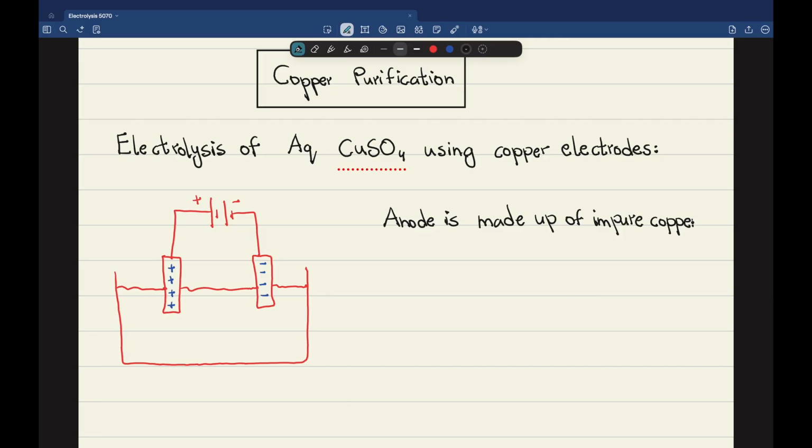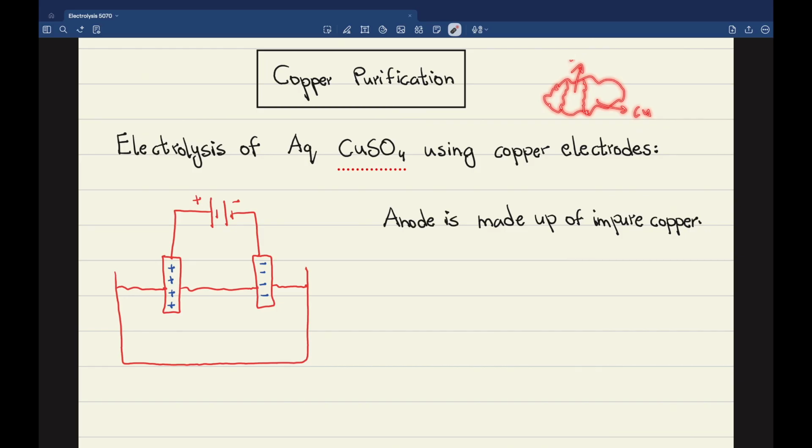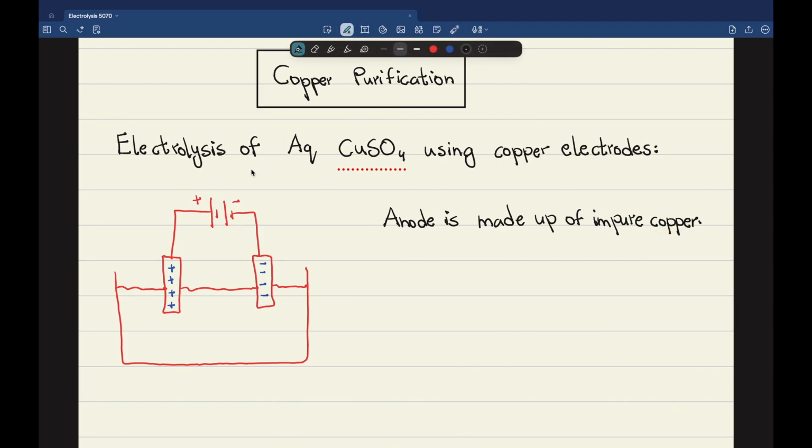The impure copper is the one extracted from the earth. जिस form में वो earth से extract होगी, like you see this form, और इसके अंदर again we'll have some gold and we'll have some silver and we'll have some copper as well. हमें उसमें से copper चाहिए, right? So this is the impure copper.